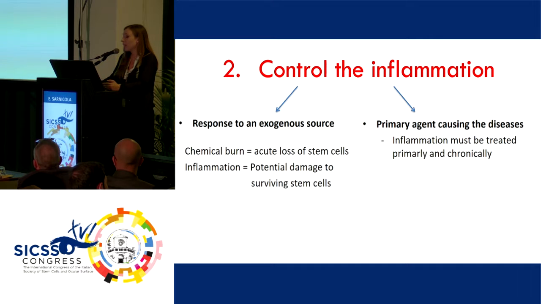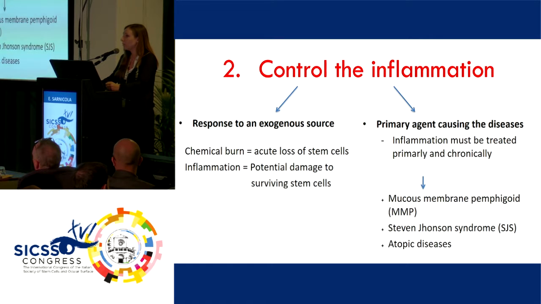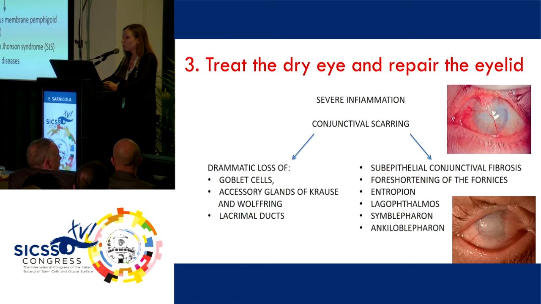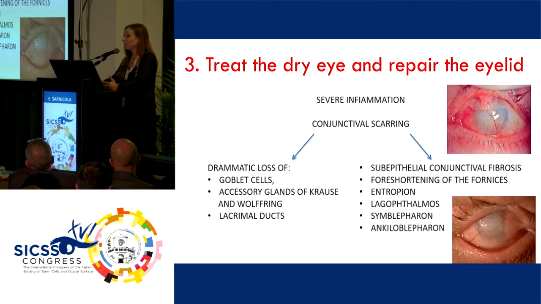But in particular, when we have autoimmune problems that cause the deficiency, and in the case of pemphigoid, for instance, these patients should be treated systemically and chronically, because otherwise we won't actually take the right care of them.